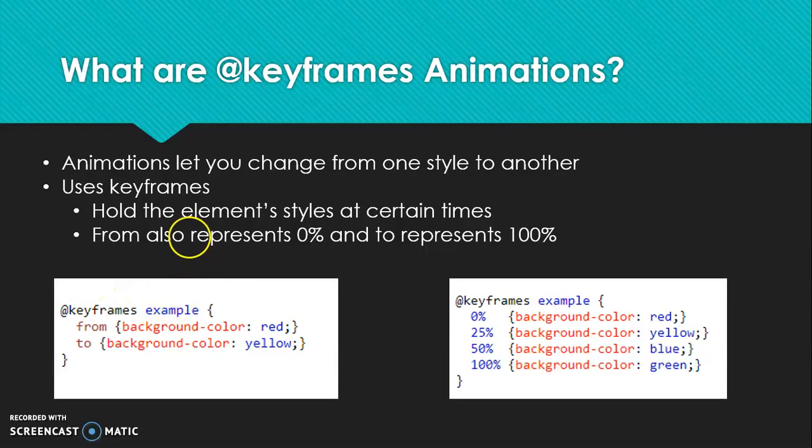In the next, we use percentages, like 0%, 25%, 50%, and 100%. With these, we tell the specific times that the element will have those specified styles. And with keyframes, we can add more of these frames or fewer, depending on what we want to accomplish.